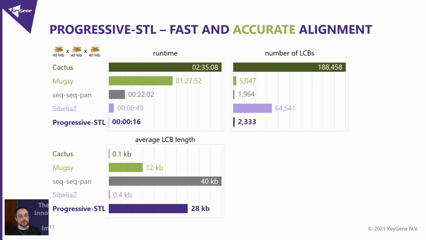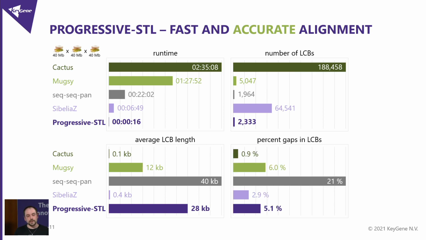And if you consider every gap a breakpoint in this collinearity, you will have very small LCBs. So what we found with our progressive STL technology is that we can build relatively large LCBs with a relatively moderate number of gaps in a very fast time. And this represents very well how these genomes align to each other.